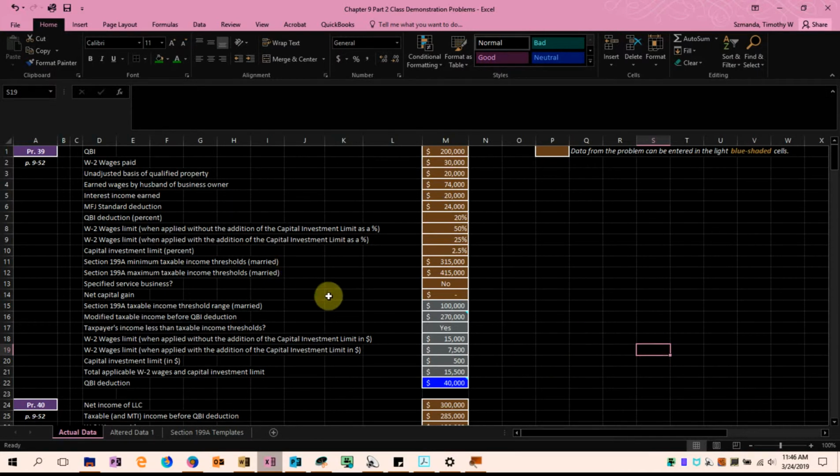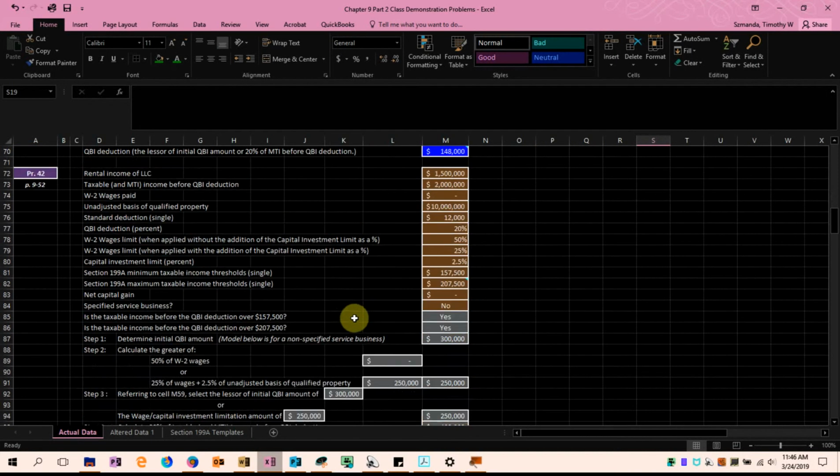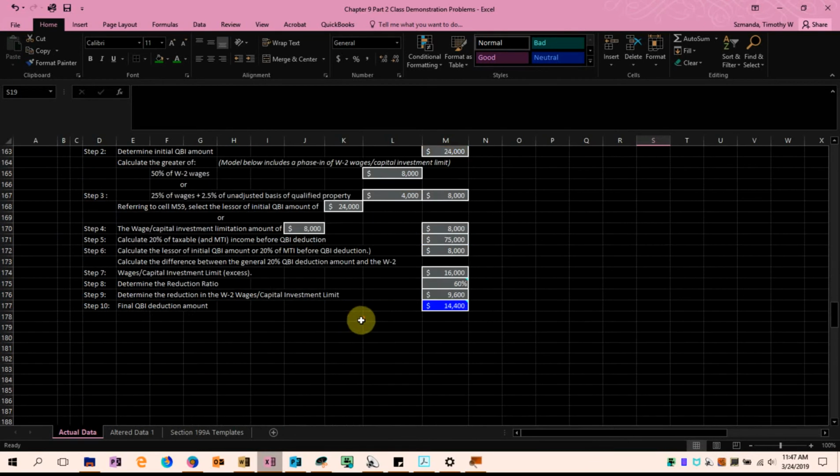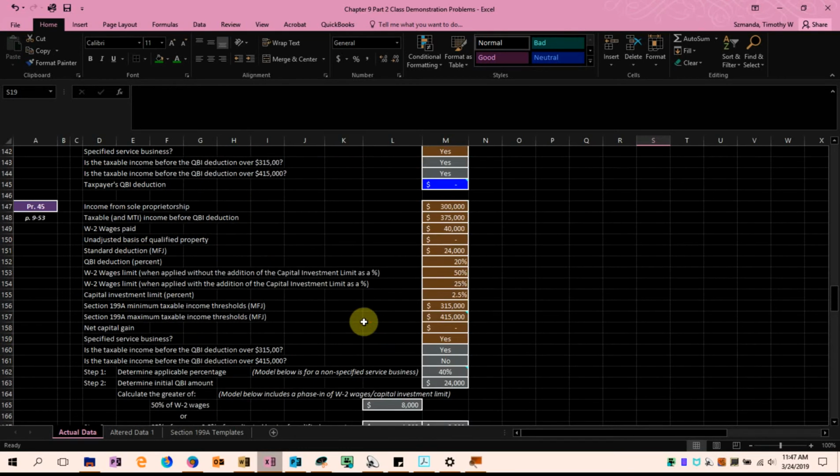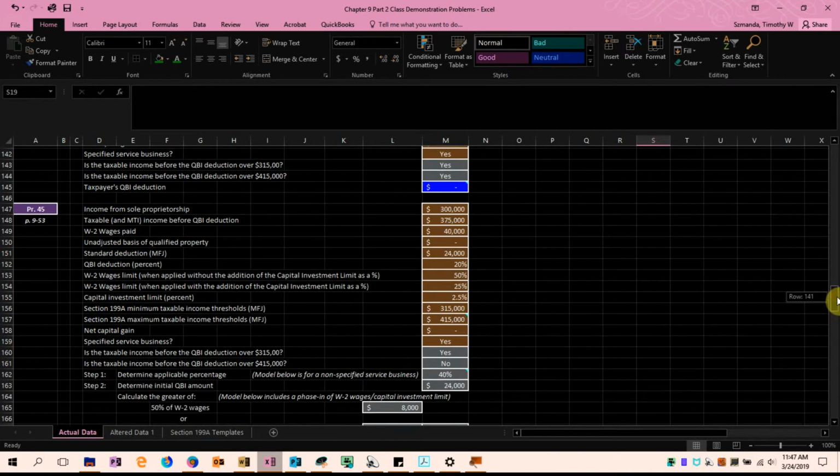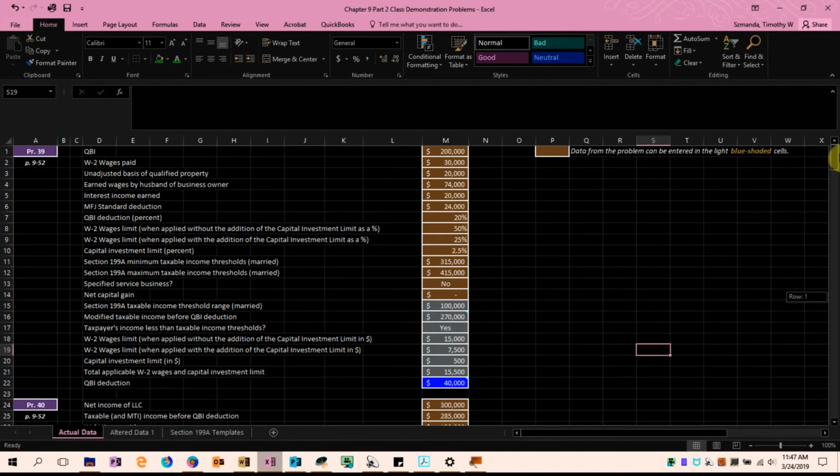Now, the problems do advance in complexity until you get all the way down to the last problem, problem number 45. So I recommend that you walk through these problems to get a good sense of how to calculate them, how to apply the tests, and of course make the formulaic calculations, which will be demonstrated in this template.